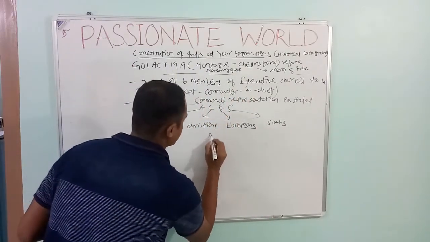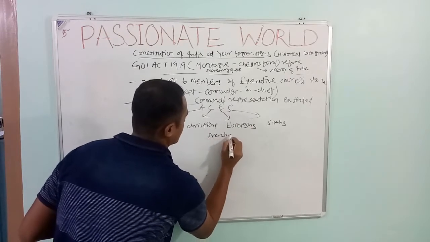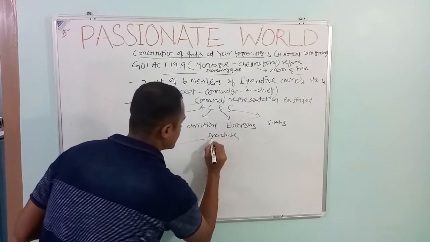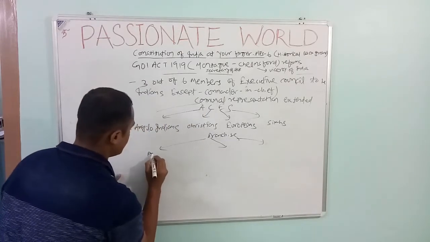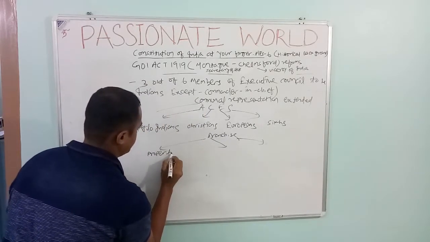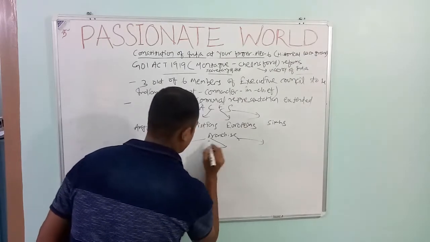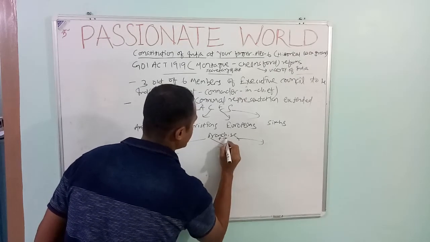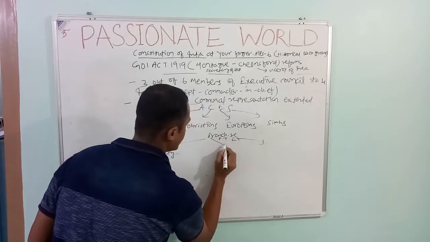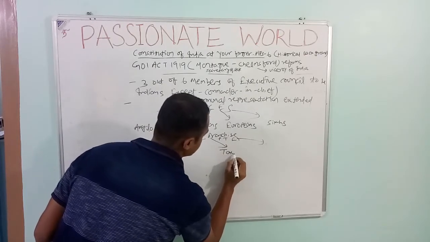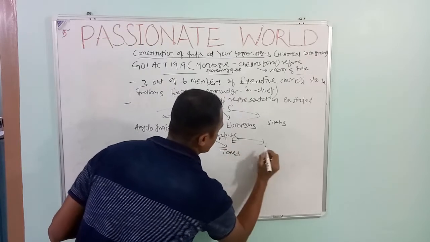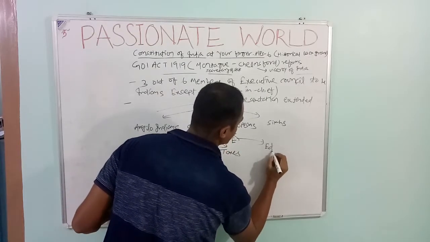Then franchise was based on 3 things: property, taxes and education. You remember PTE: property, T for taxes, E for education.